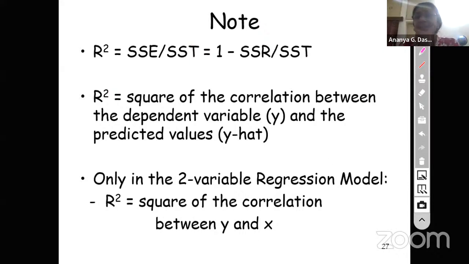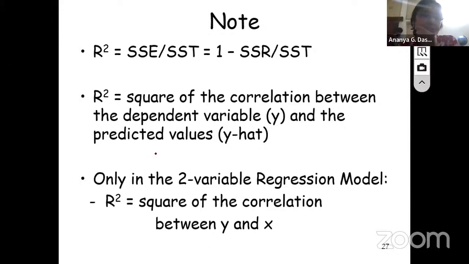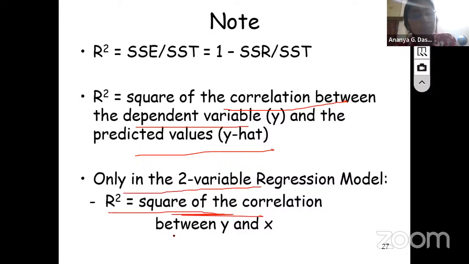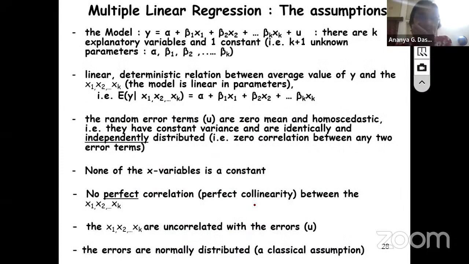You can actually see that for any model, the R squared is the square of the correlation between the dependent variable and the predicted values. So it's a square of the correlation between Y and Y hat. But only in the two variable regression model will you see that R squared is actually the square of the correlation between Y and X. That's only true for a two variable model.